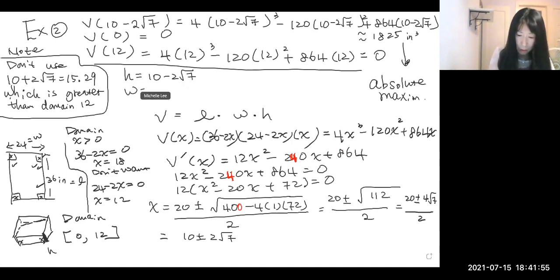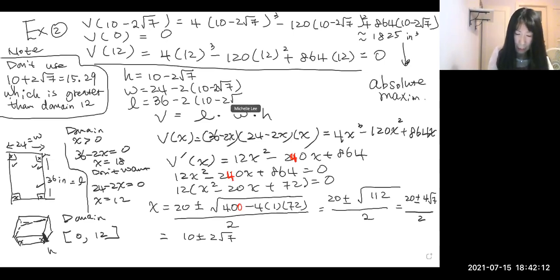And then width, which is 24 minus 2 times that. Can you please calculate? And then length, which is 36 minus 2 times 10 minus 2 square root of 7. Then we get the maximum volume there.